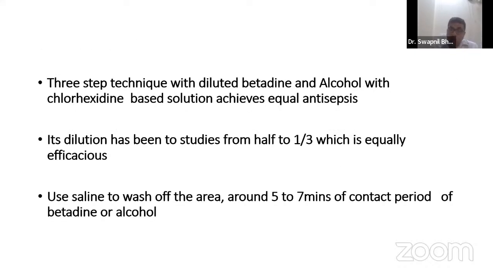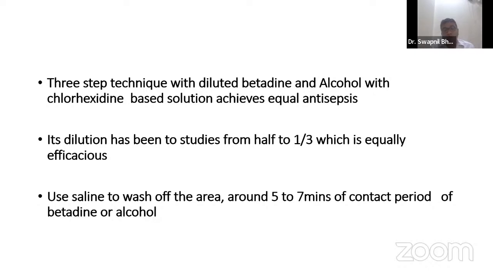The three-step technique is equally important and achieves antiseptic level with diluted betadine as well as alcohol with chlorhexidine. How much dilution is required? Half to one-third is equally efficacious. Once you use this kind of solution to clean and make an aseptic area, leave this area for not more than 5 to 7 minutes, and then again clean this area with saline.